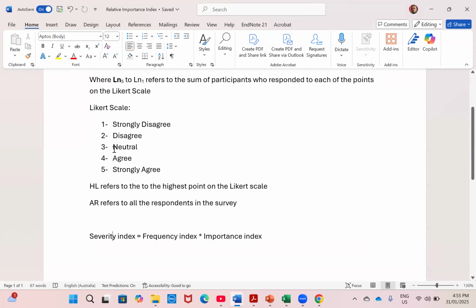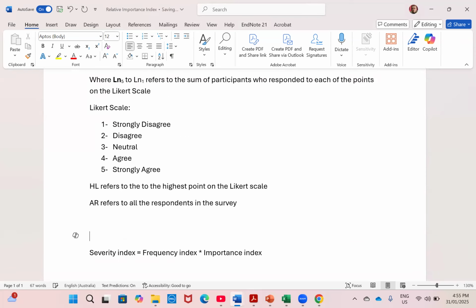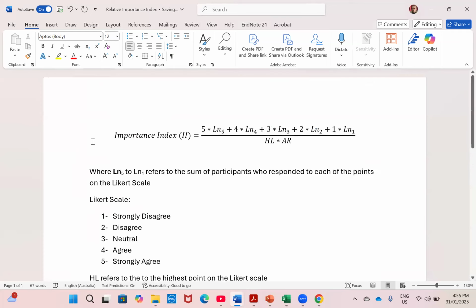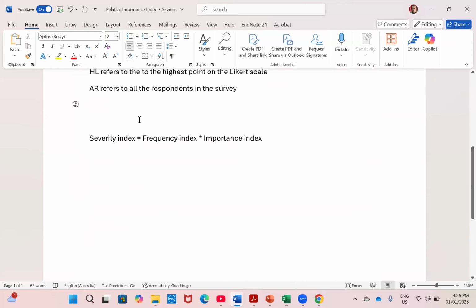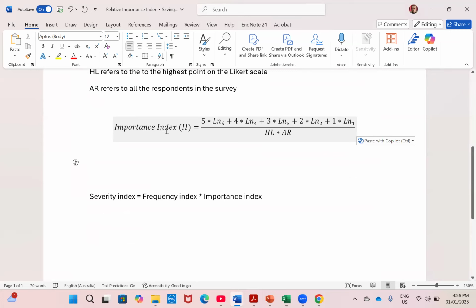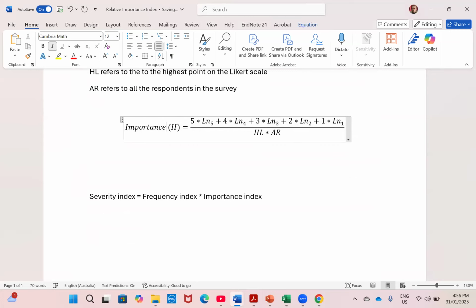Then what about the frequency index? To get a frequency index, I'm going to copy the same thing. The same importance index can also be used for the frequency index.